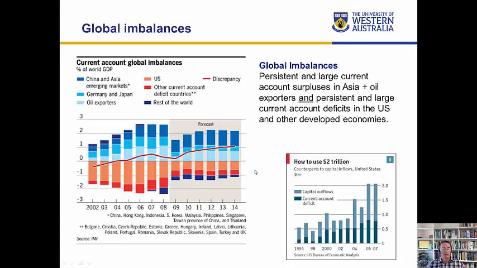Now, eventually the willingness of these countries in blue to continue financing America's current account deficit is going to stop, and that then is going to force some quite painful adjustments in terms of the global economy.